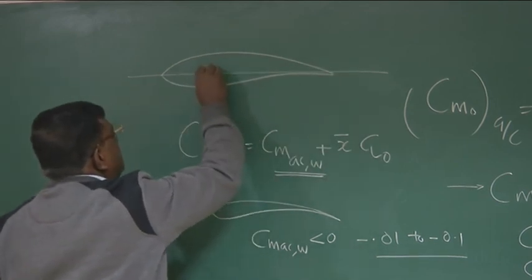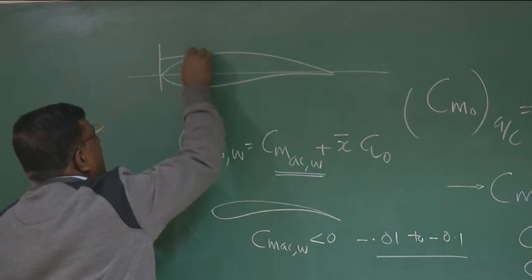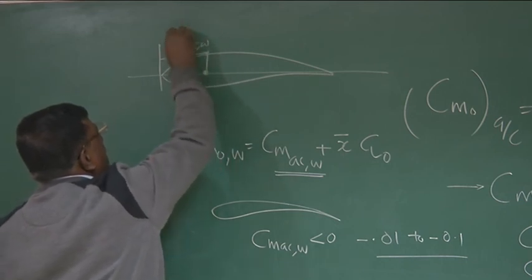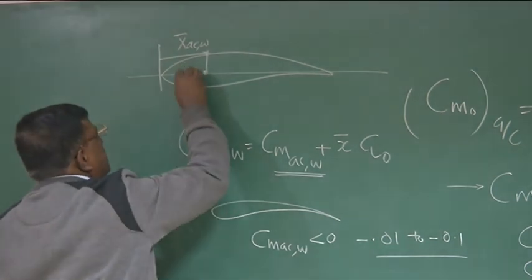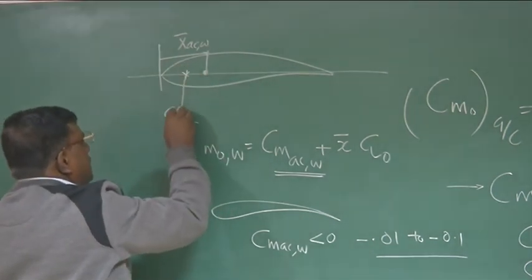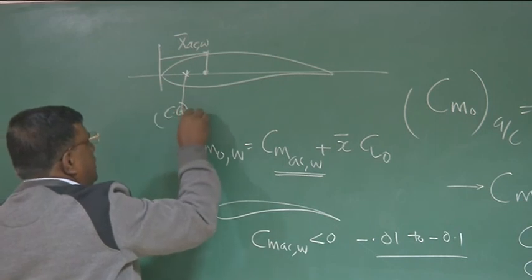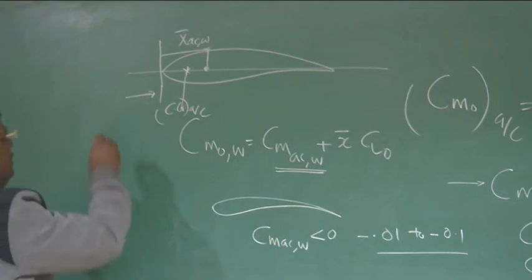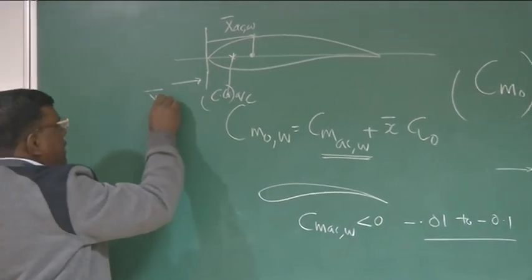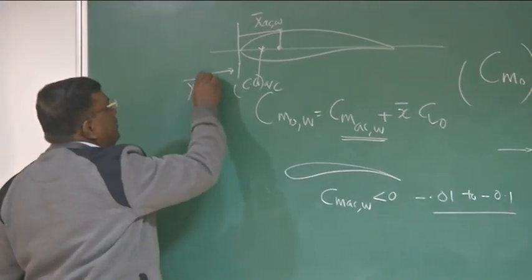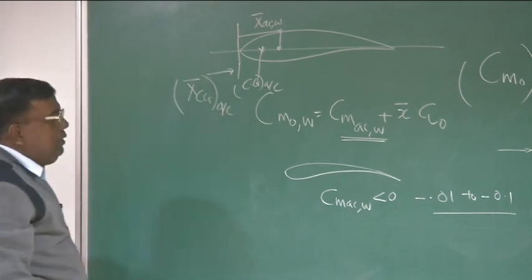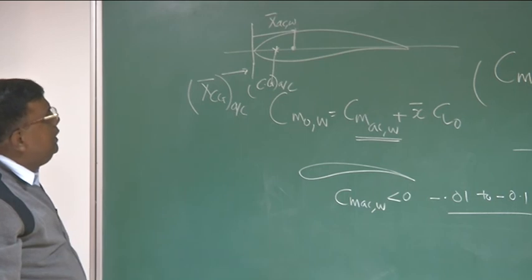And let's say this is x AC wing bar, and let's say CG is here, CG of the whole aircraft. Please understand. So I give this in nomenclature XCG aircraft. This is for the aircraft. Don't forget this. People generally create confusion within themselves.